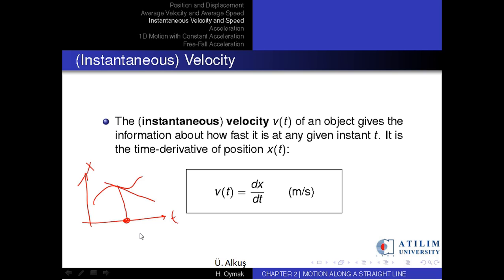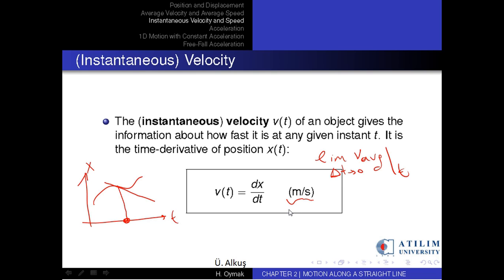Instantaneous velocity, v of t, of an object gives us the information about how fast it is at any given instant t. It is the limiting value of the average velocity as delta t goes to 0 at that instant. You see, it is also in meters per second.